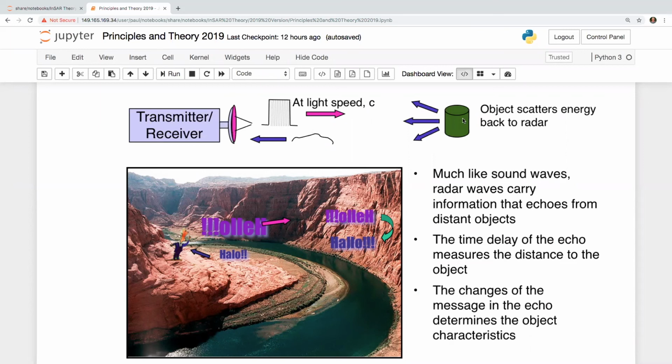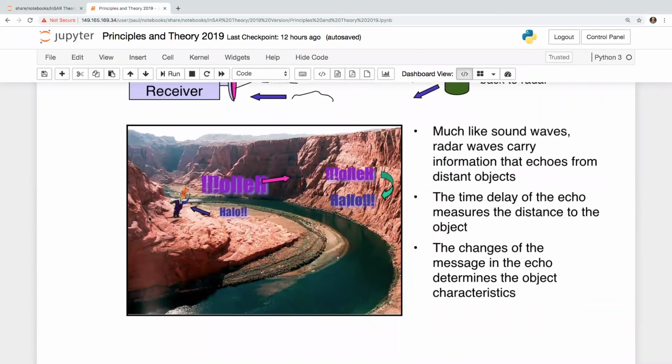And we're all familiar with this from sound, where we have a transmitter yelling hello at the wall. It propagates some distance at the speed of sound. It bounces off some object. It's altered in some way. It's decreasing in amplitude as it goes.